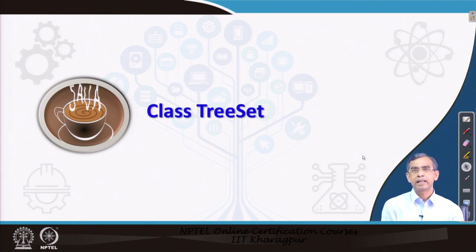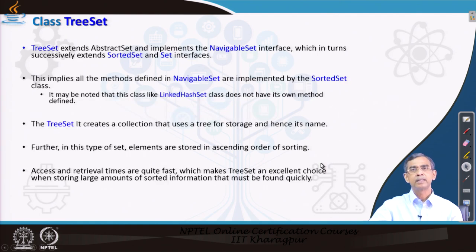Now, there is another collection called the tree set. It is a class, which means all the methods in this class are already defined, and tree set is basically an extension of the set interface.